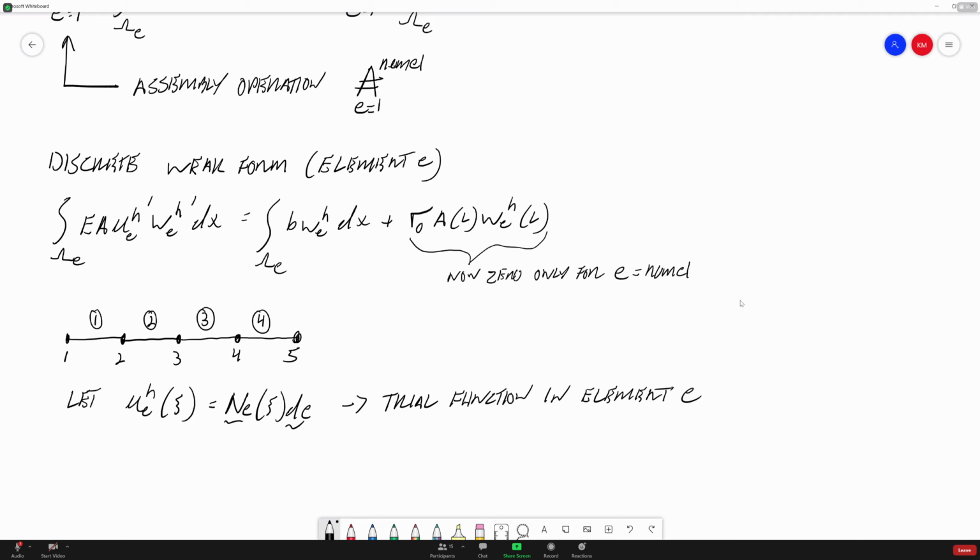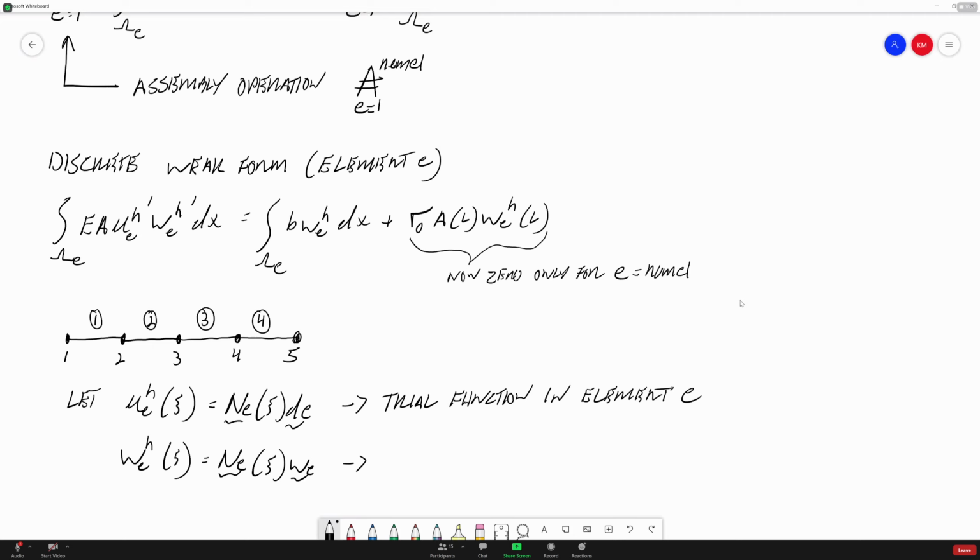And then we have WEH of C, so this was our weight function, equal to NE of C WE.